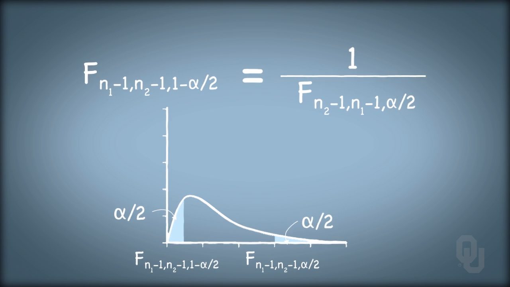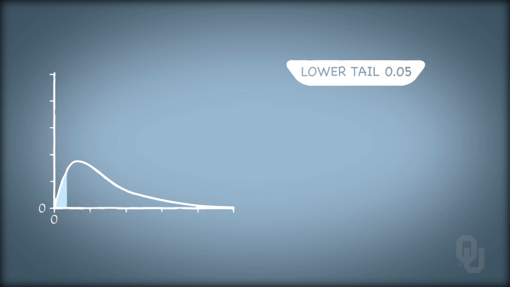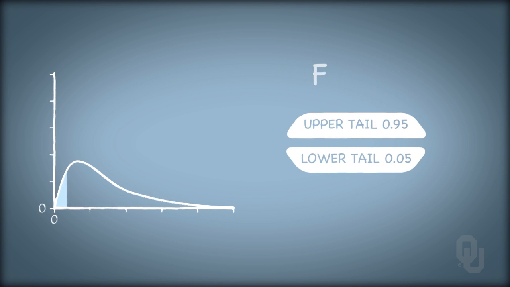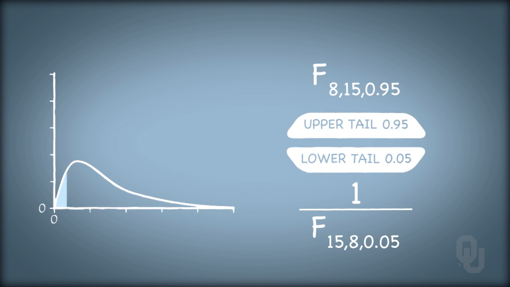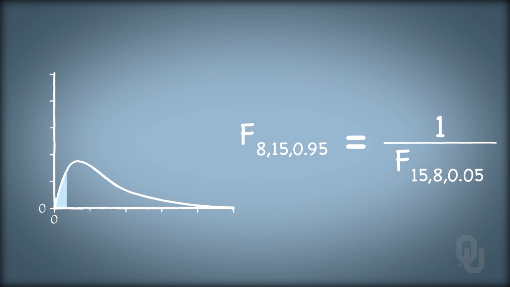Going back to our lookup example from earlier, say we want to look up 0.05 in the lower tail, when n1 minus 1 in the numerator is 8, and n2 minus 1 in the denominator is 15. If we want 0.05 in the lower tail, that's the same as finding a value on the axis associated with 0.95 in the upper tail. To find it, we take the inverse of the upper tail f-axis value when the degrees of freedom are reversed. That is, f sub 8, 15, 0.95 is 1 divided by f sub 15, 8, 0.05.